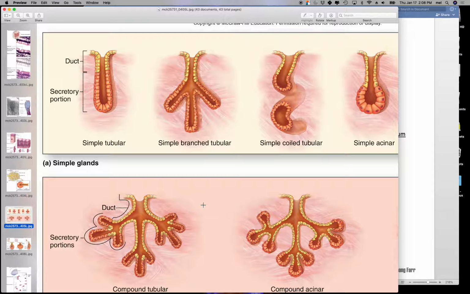Lacrimal glands secrete tears. Exocrine. Thyroid gland. Endocrine. Yeah. Pituitary gland. Endocrine. Mammary glands. Exocrine, right? Digestive glands. Exocrine. Yeah. Exocrine that dump into the digestive tract. Does that make sense to you?